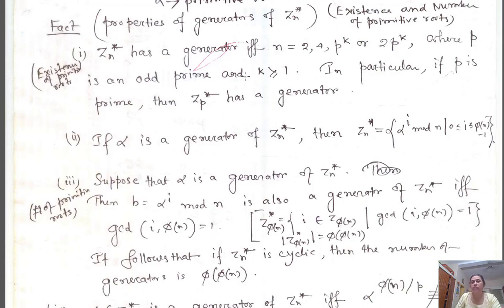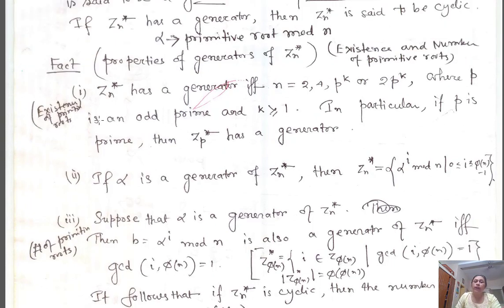I cannot cover this proof in one class, and we are not going to discuss the proof here. Only to find the generators, or in solving some problems, we are going to utilize these properties. So we will design certain algorithms that will help us to find the generators and their order. For all those we are going to utilize these facts.